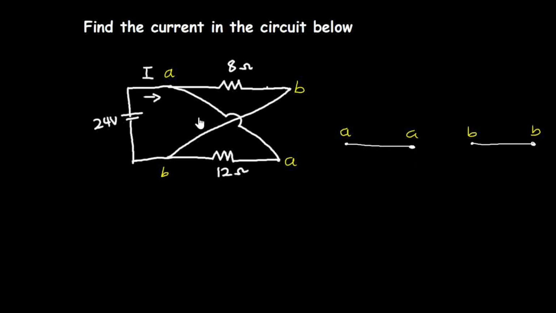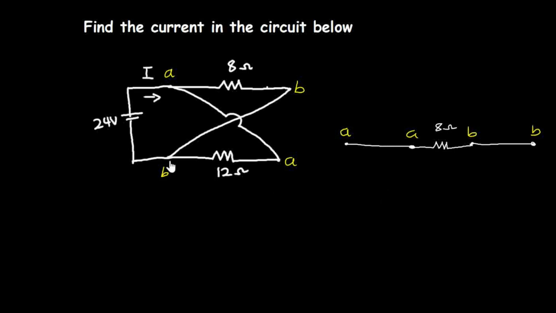Looking at node A and node B, you see that we have the 8 ohms resistor connected in between these two nodes. So I'll look at node A and node B, and then I can draw this resistor here. So this is the 8 ohms resistor.